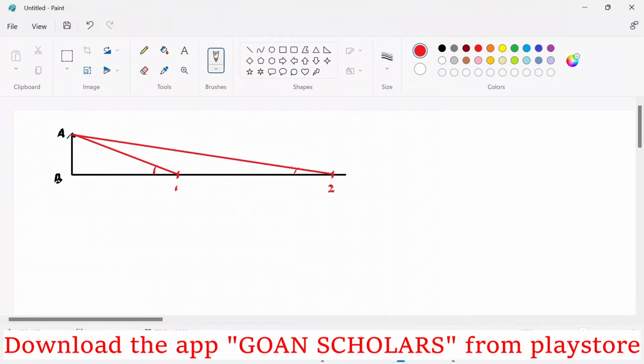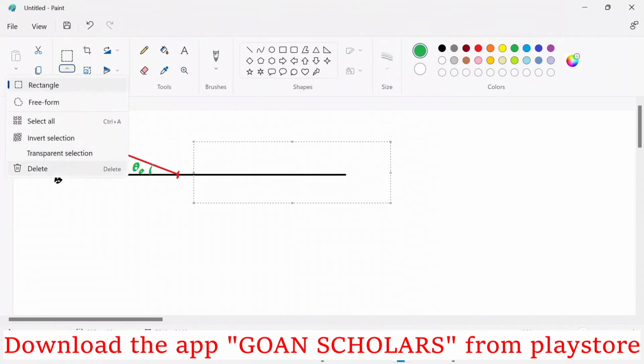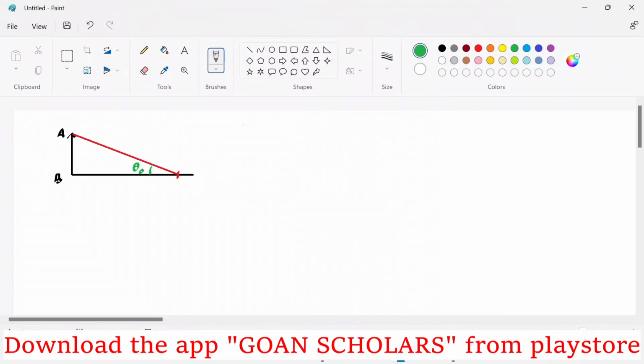This is our angle theta, and this is our second angle. In the second case, the angle is smaller compared to the first case, which means if I go more and more closer to the object, the angle increases. And what angle am I talking about? This angle made by the object on the eye.